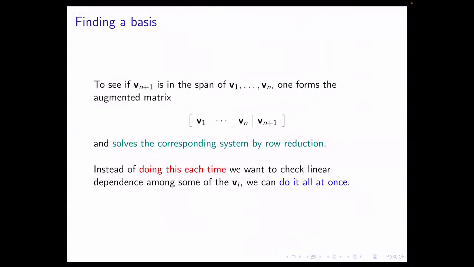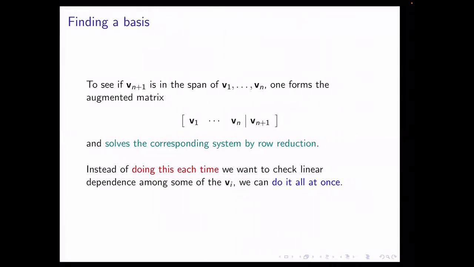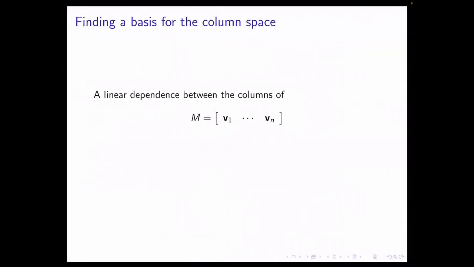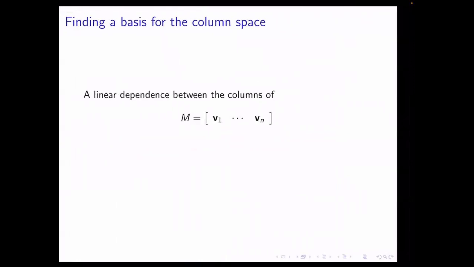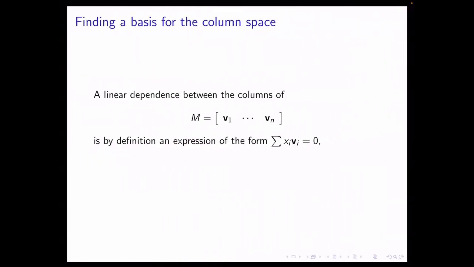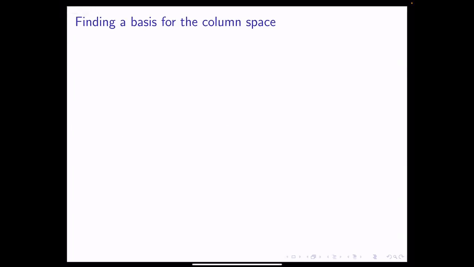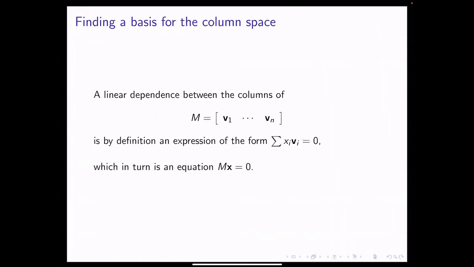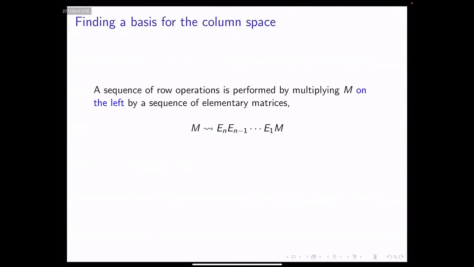A linear dependence between the columns v1 to vn is by definition an expression of the form sum xi vi equal to 0 for some coefficients xi, which in turn is an equation Mx equal to 0. Now the way it works in practice is the following.